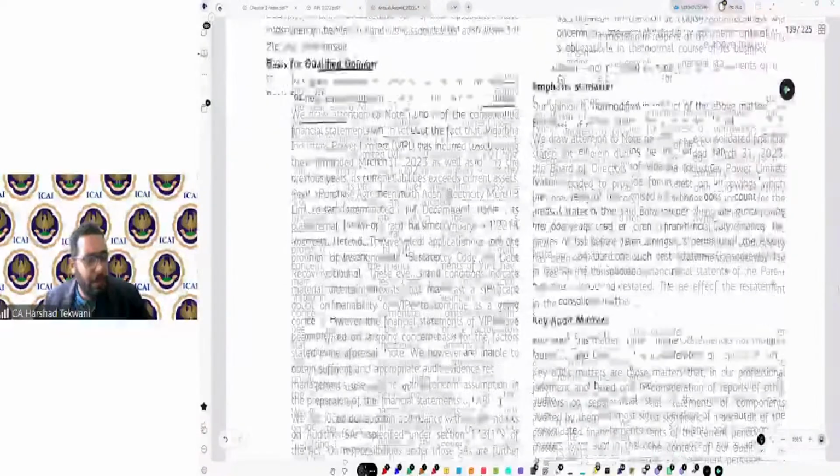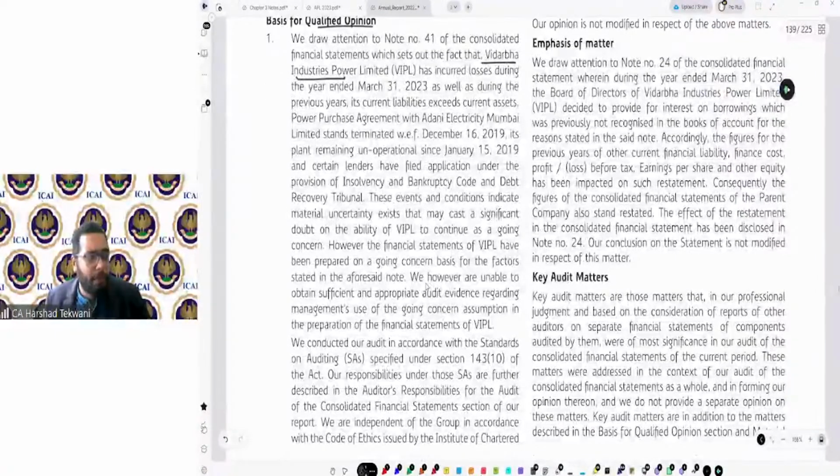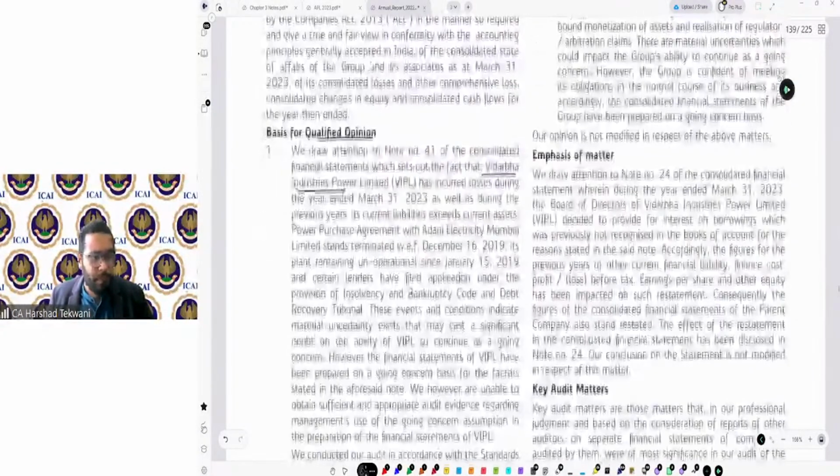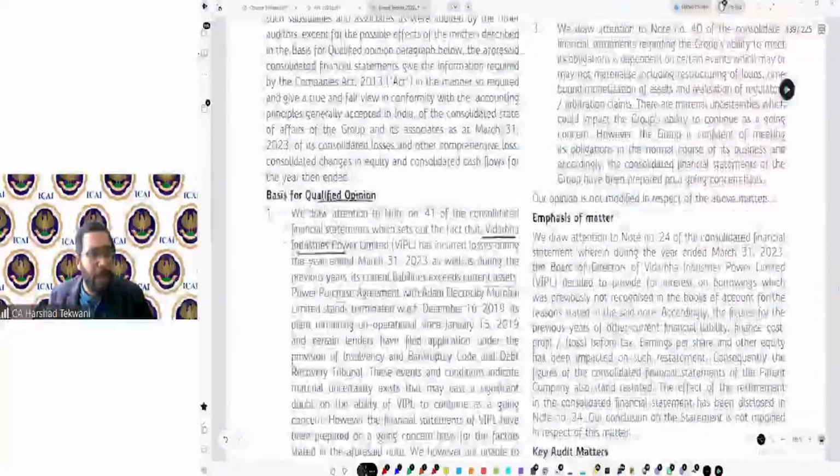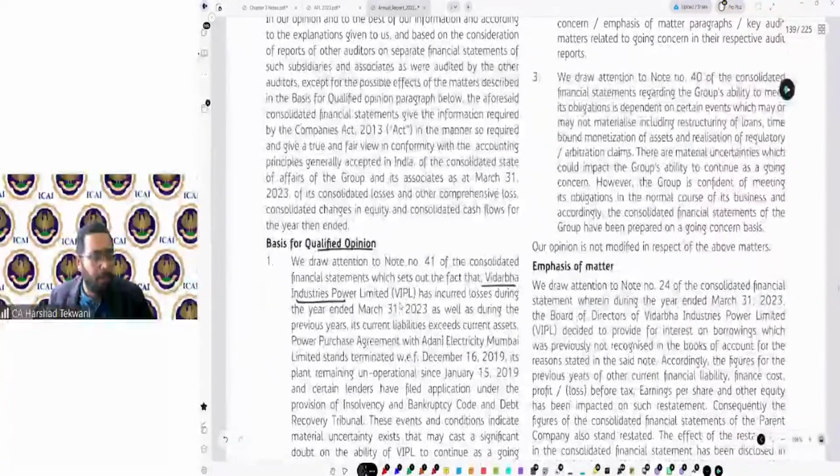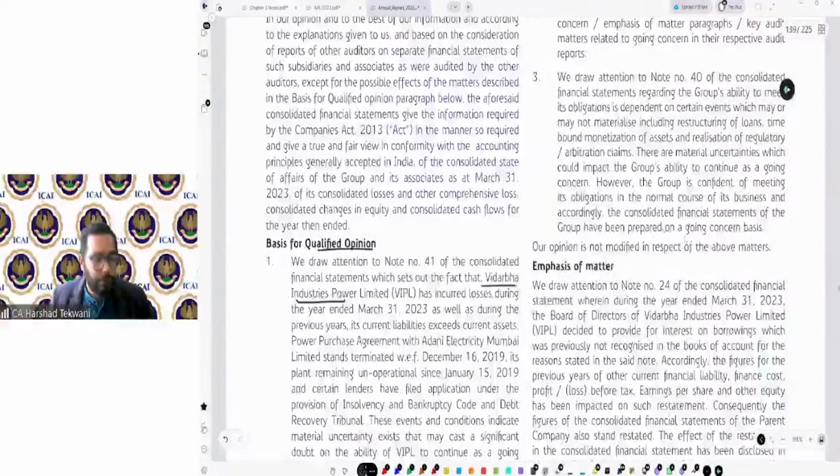There is an observation in the subsidiary on the basis of a qualified opinion, and from there they have continued this observation here also. This was in the individual audit report also, and the same has been taken here.